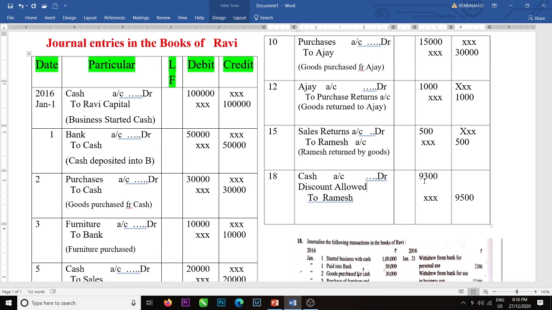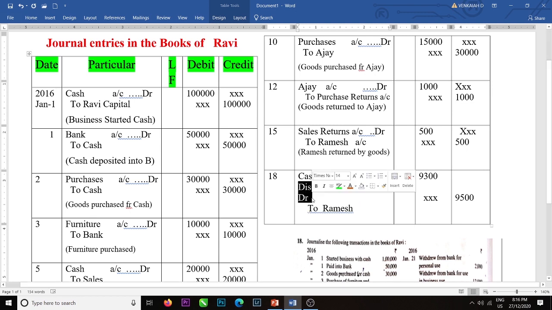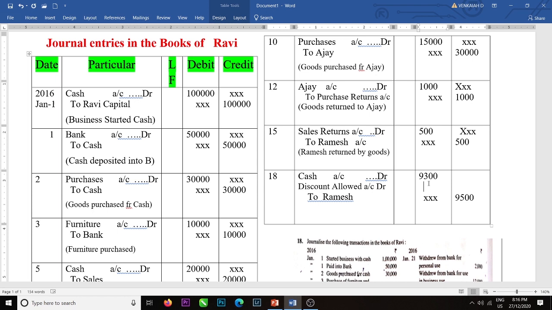Discount allowed account debit, amount is 200. So debit 9,500, credit 9,500.